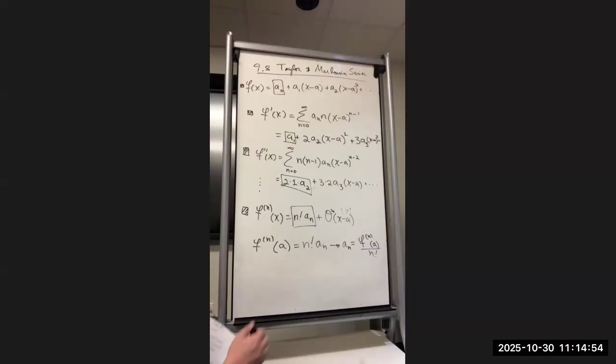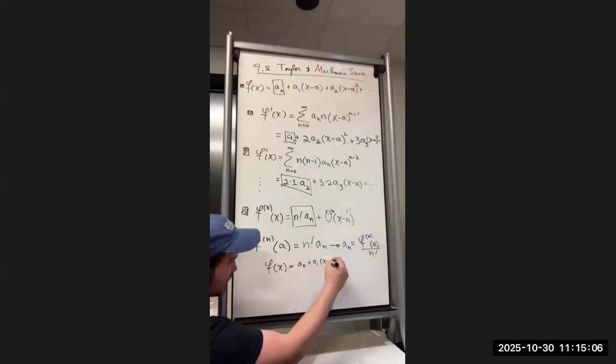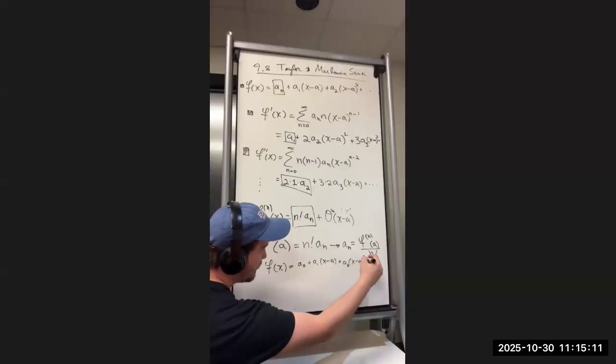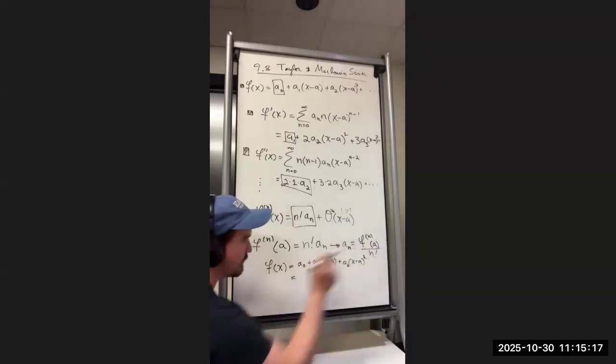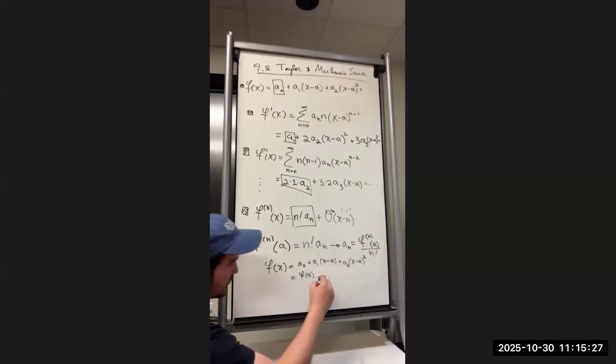And so what does this tell me? This tells me that if I want to write the function down, which we know if we were to expand it, that'd be a0 plus a1 times x minus a plus a2 times x minus a squared, that I can substitute in for each of these coefficients this expression here, right? So this would be the function evaluated at a divided by 0 factorial, which is just 1.